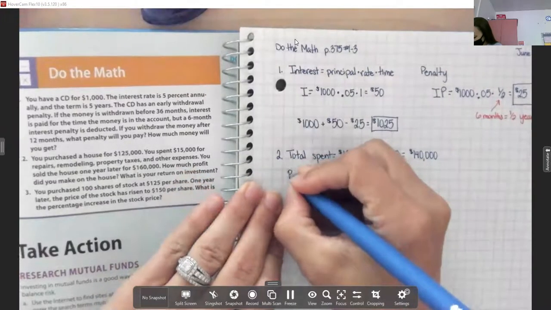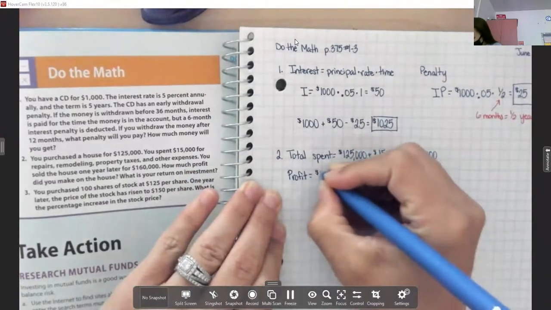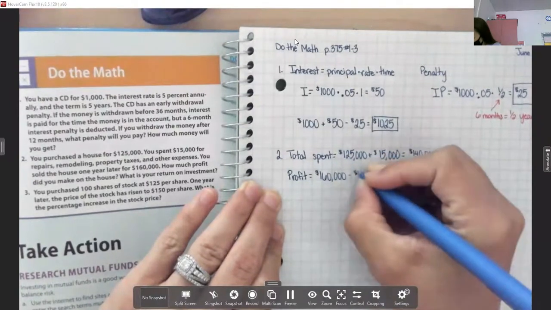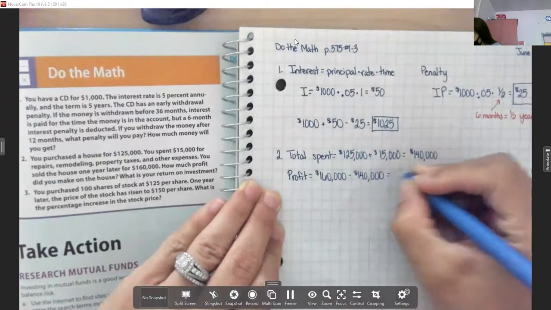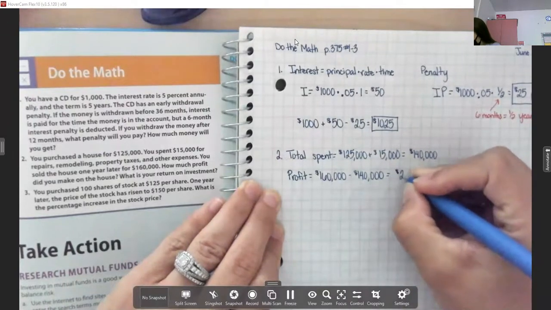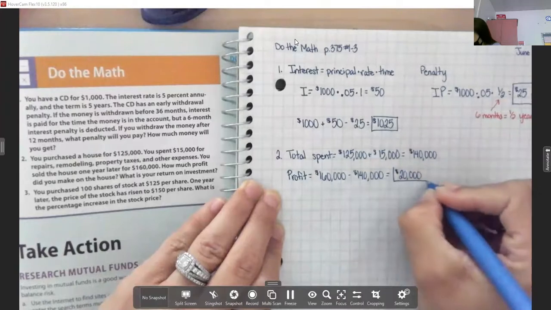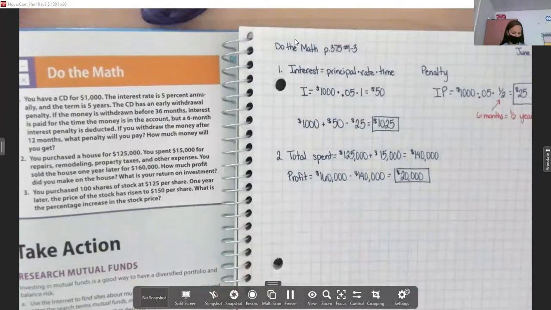So the profit then would be $160,000 minus the $140,000. So you made $20,000 on this house.